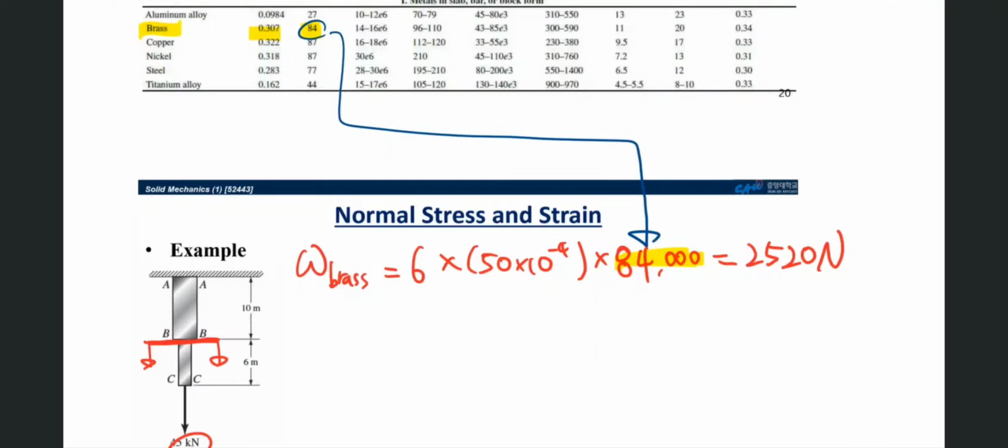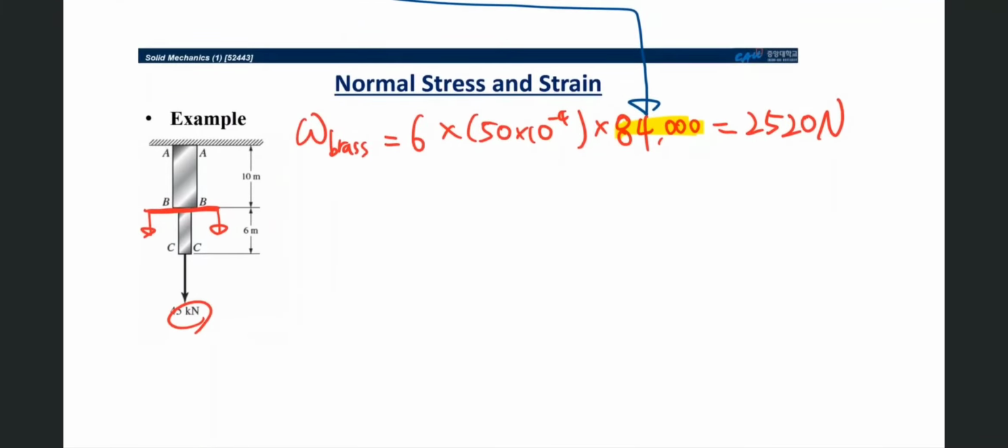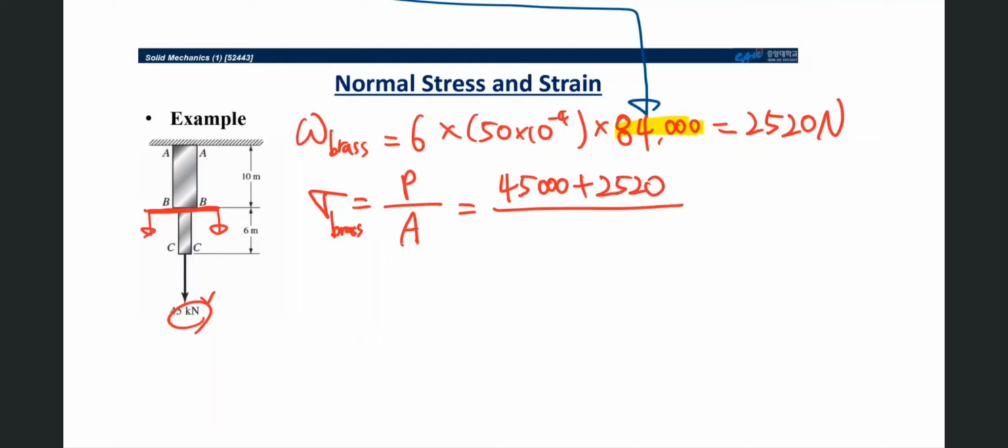Now we can use the fundamental equation of stress: sigma brass is equal to P over A. We already know the external force is 45,000 plus the weight of the entire brass bar, which we already calculated here.